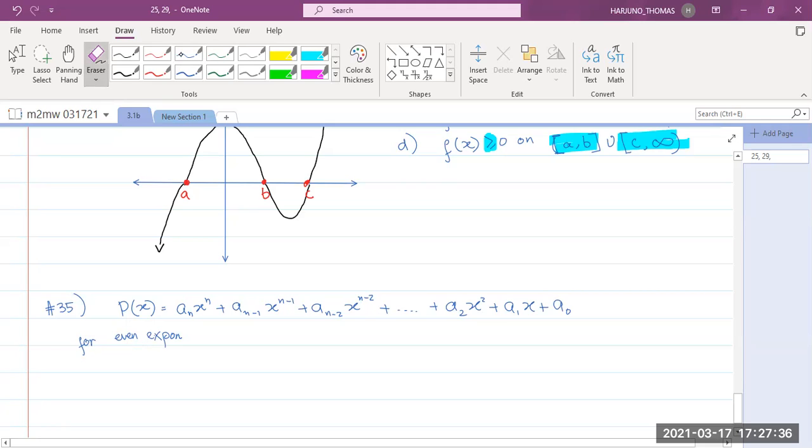For odd exponent of x, set the coefficient to be 0.